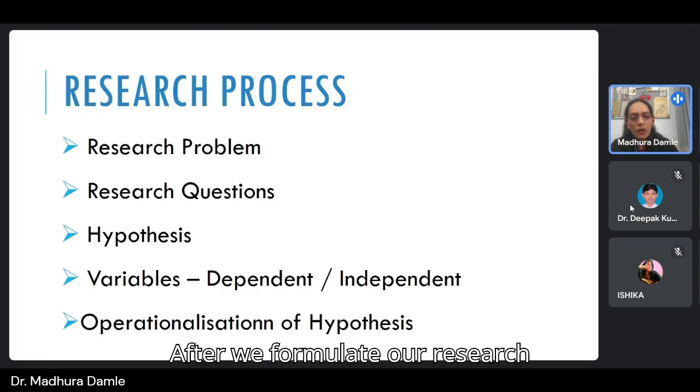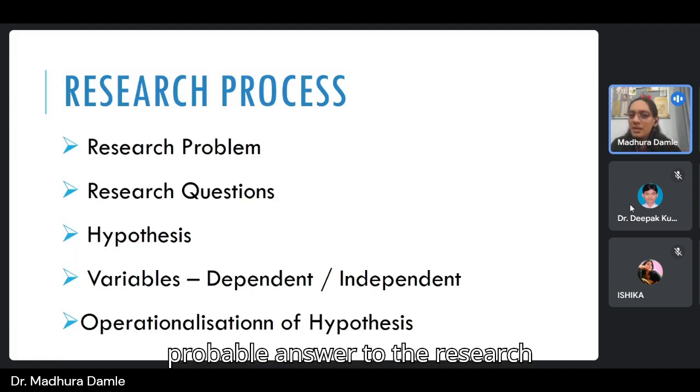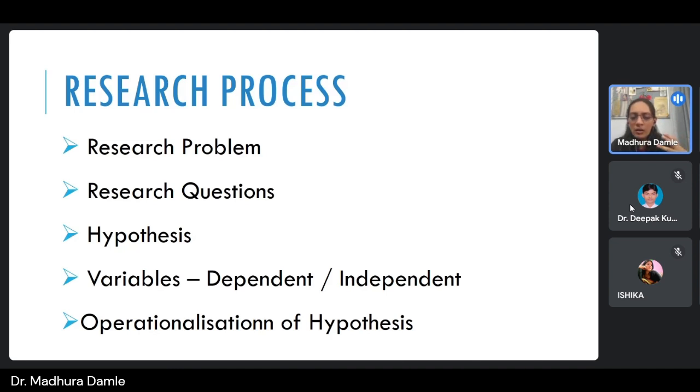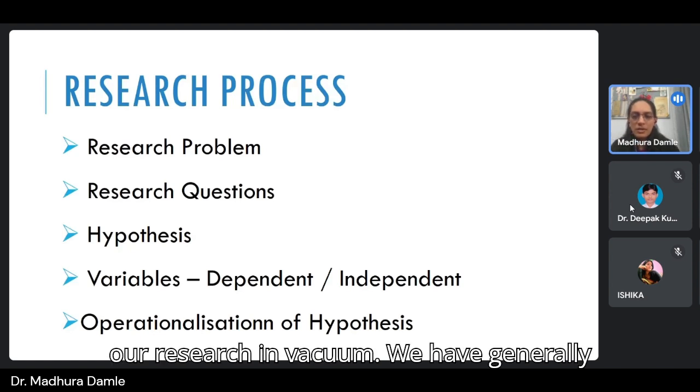After we formulate our research question, then we write our hypothesis. Hypothesis is like a probable answer to the research question, because as a researcher, we don't start our research in a vacuum.